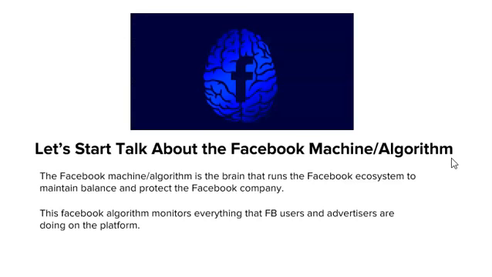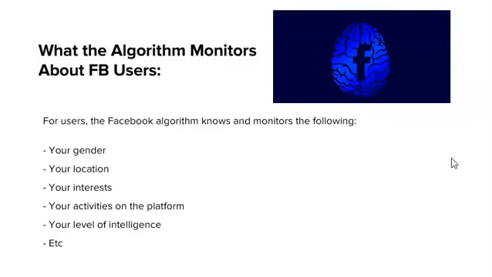This entire ecosystem that I just explained to you is managed by an engine that Facebook built. This engine is called the Facebook machine or the algorithm. This Facebook algorithm monitors everything that advertisers and users are doing on the platform. And as a normal Facebook user, the Facebook machine is gathering various data about you.